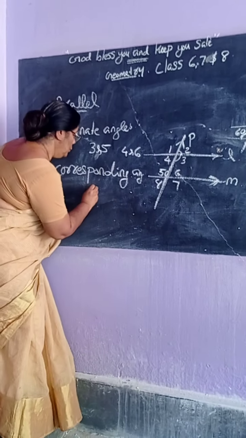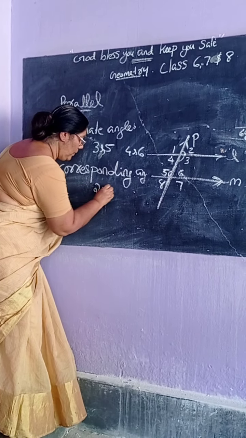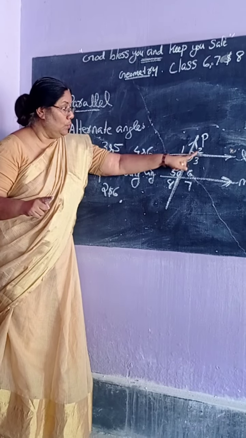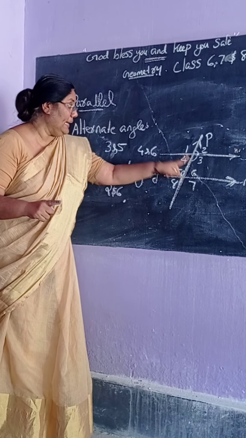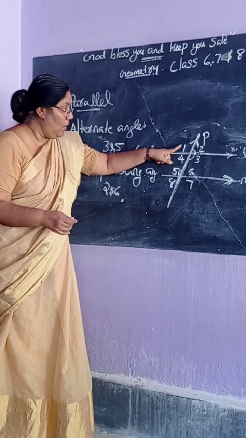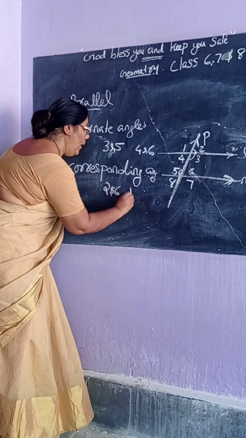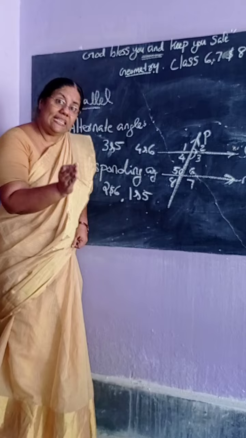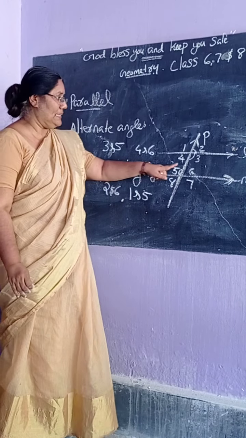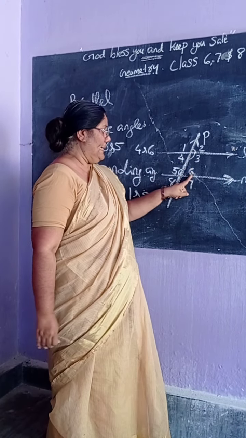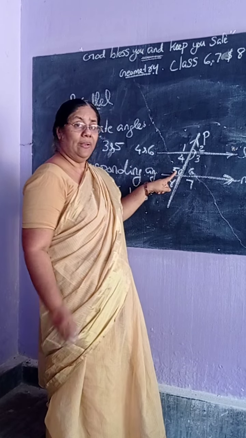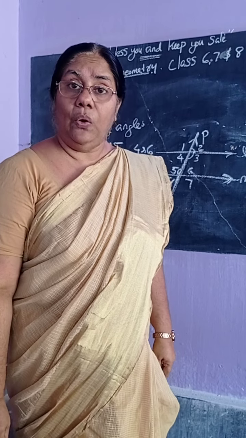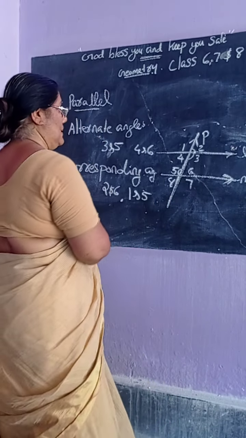Therefore, one pair is 2 and 6. All of you look here. 2 and 6 are corresponding angles. Then on the other side, 1 and 5 are just above the parallel lines. On this side, 2 and 6. Here, 1 and 5. They are known as corresponding angles.